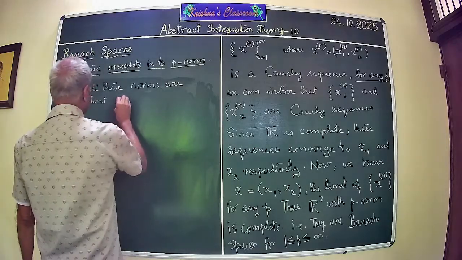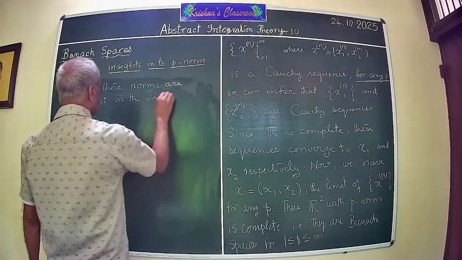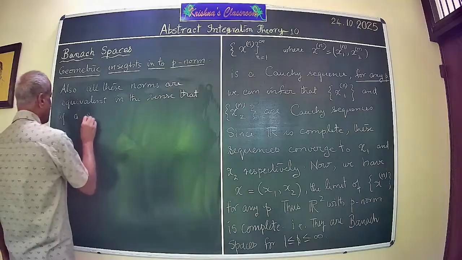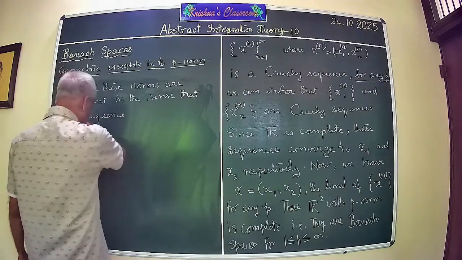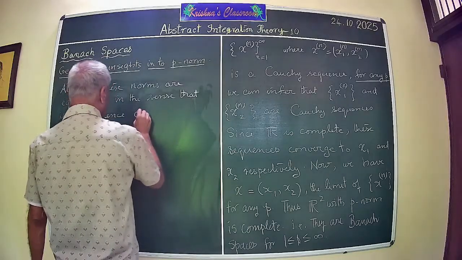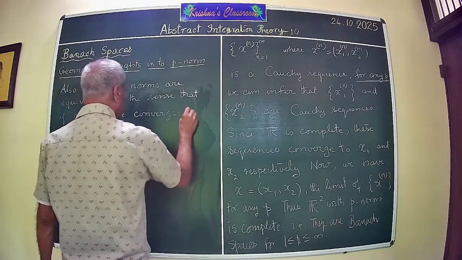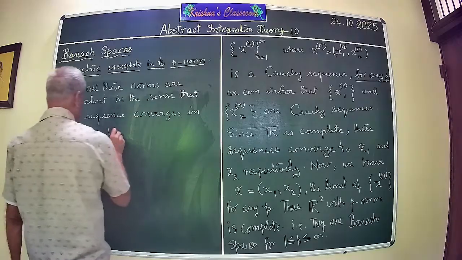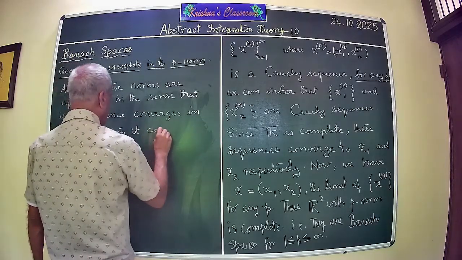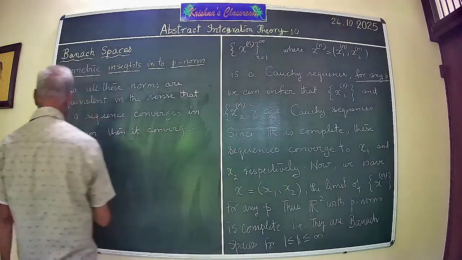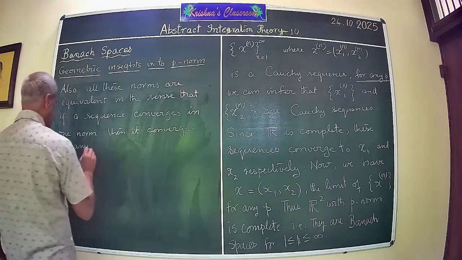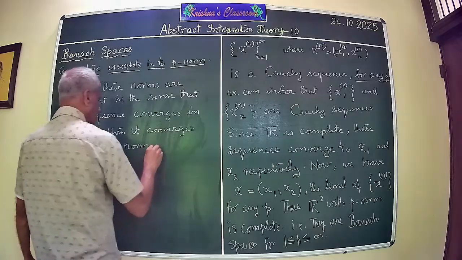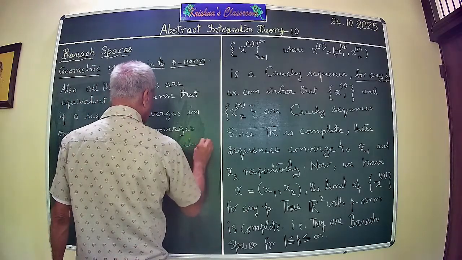Equivalent in the sense that if a sequence converges in one norm, then it converges in the other norm of p.